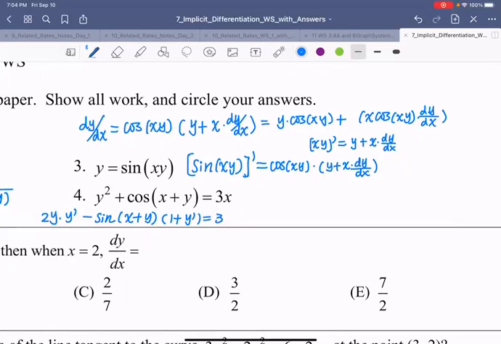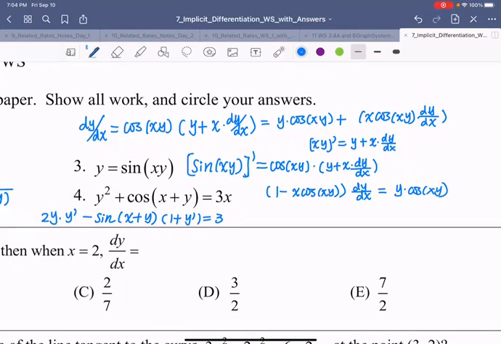And then you move this guy to the other side, okay? So you have 1 minus x times cosine xy, times dy over dx, equals y times cosine xy. Are you okay with this step now?